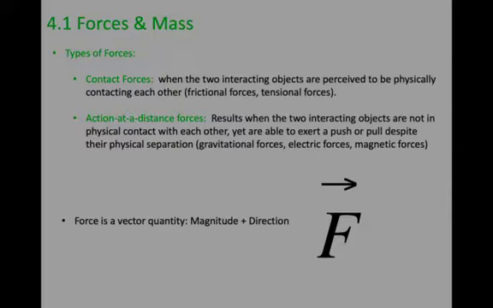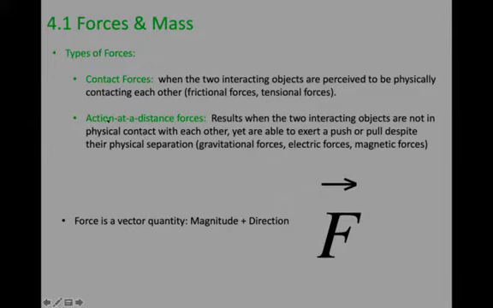For example, friction force, tensional force. If you have a rope and each one of you is pulling it from one side, both of you are touching that rope and you are pulling in opposite directions. So this is a contact force because there's a contact between the objects.